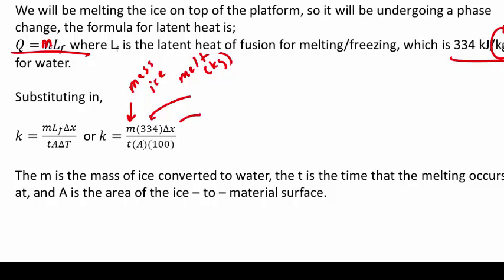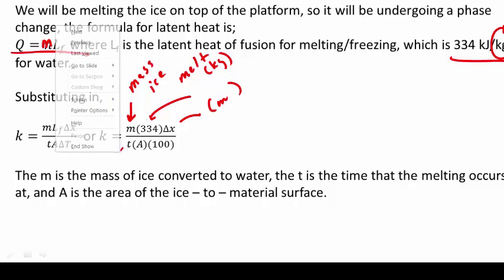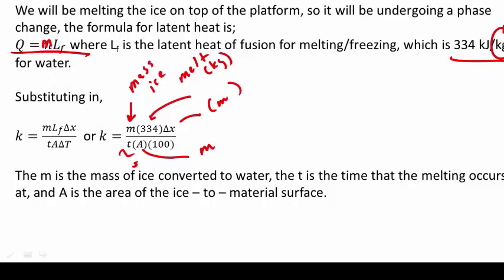Delta x is the thickness of the material, not the area, and that's going to have to be in meters. t is time, which is of course going to be in seconds. A is that area. It's going to have to be in meters squared. And 100 is the change in temperature. We're going from ice, which is at 0 degrees, to steam, which is at 100 degrees. So that 100 is just delta C or delta K.